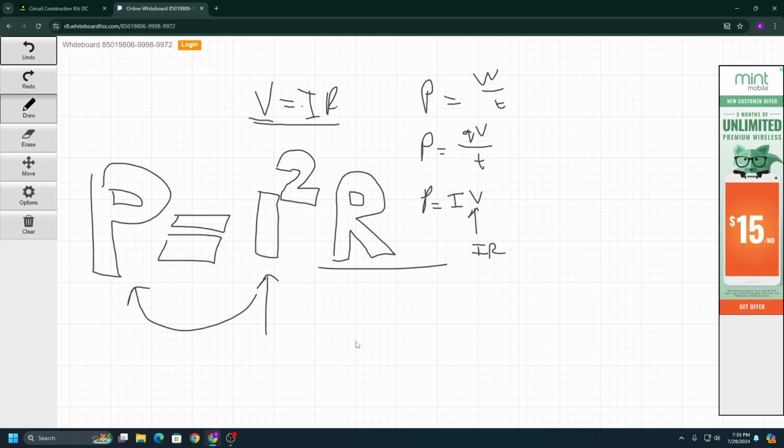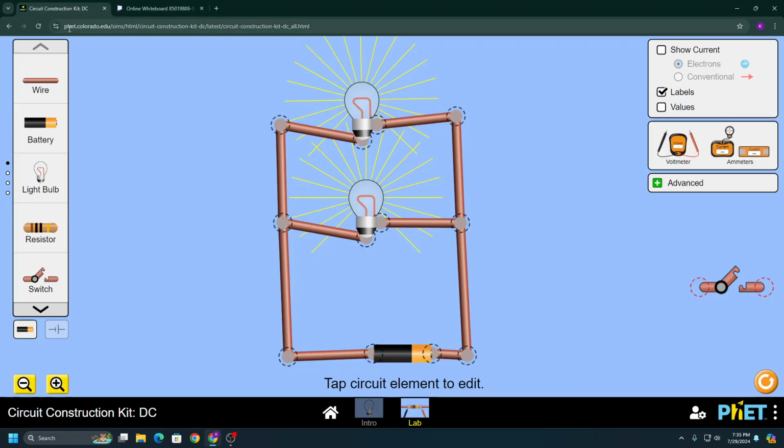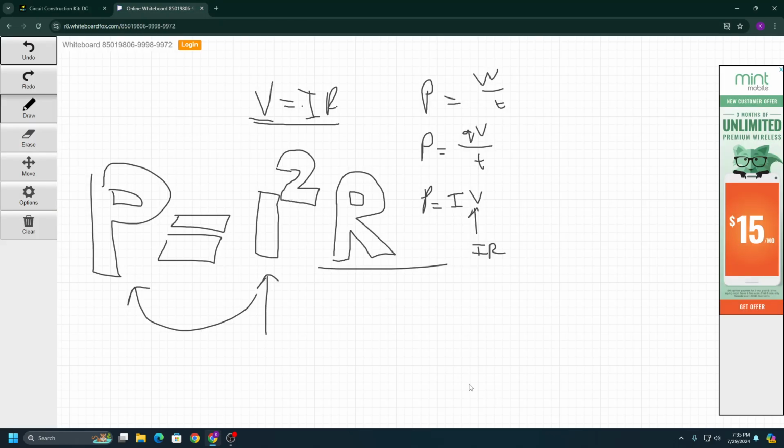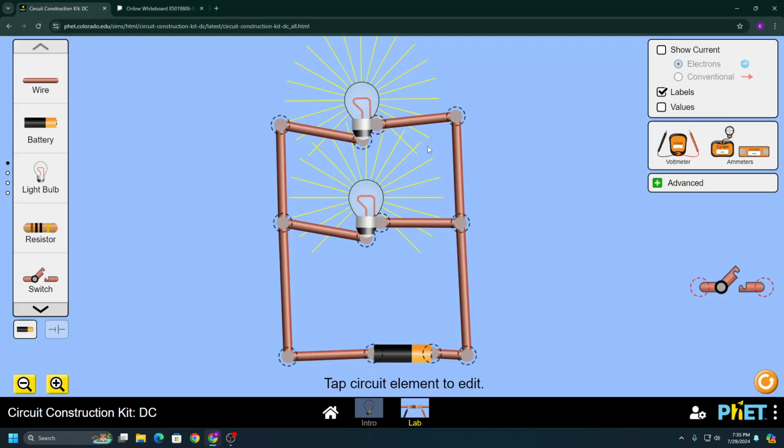So you might be thinking, well, it's obviously because the resistance is the same, and then the current going through them is the same. But that's not always going to be true. The reason is because what they're both experiencing that is the same is the electric potential difference.